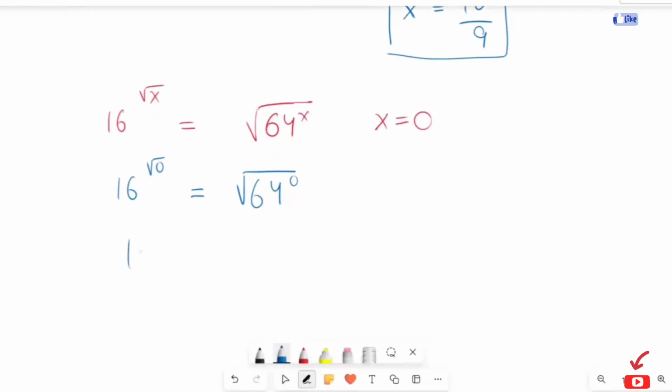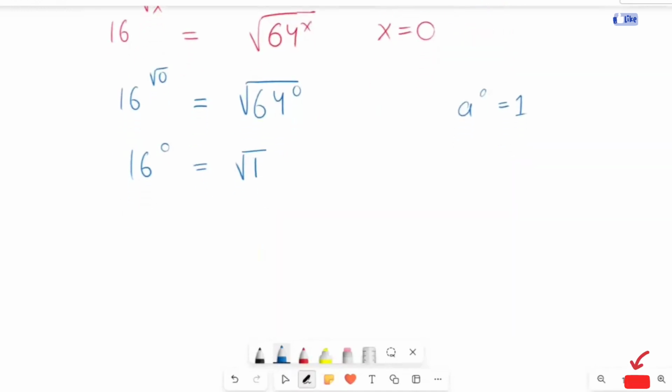The root of 0 is always 0, is equal to, and 64 raised to power 0, a raised to power 0 is equal to 1. So here this will turn to root 1. And here 16 raised to power 0 is again 1, and the root of 1 is 1. So the left hand side is equal to the right hand side. So the value of x, that is 0, is absolutely correct.